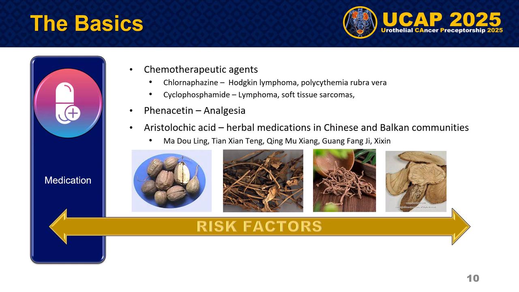An etiological link between upper urinary tract urothelial carcinoma and aristolochic acid exposure through the ingestion of Aristolochia-based herbal medicines or contaminated wheat grains has been established in several populations. These are mainly found in those people living in Taiwan, China, and Balkan regions.